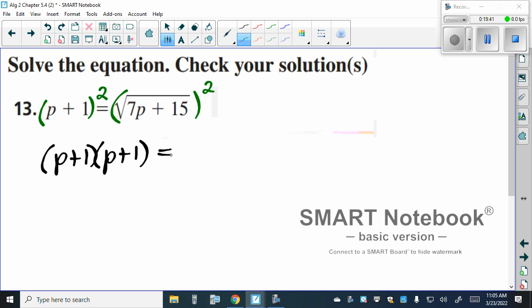Now, as not nice as that looks, the other side looks a little bit nicer. Because the square root of 7p plus 15 squared, well, the square root and square will cancel each other out, telling us that we just have 7p plus 15.